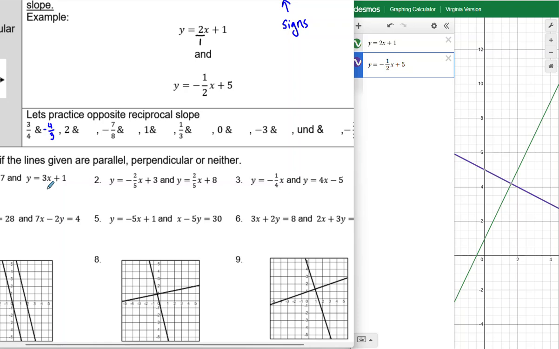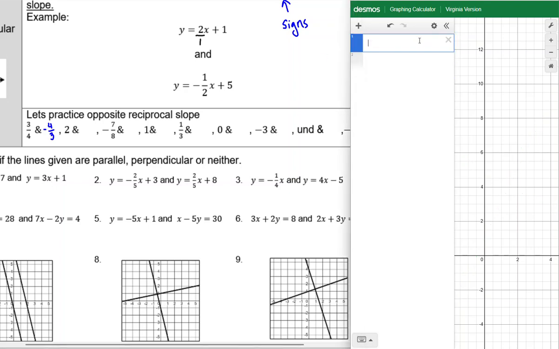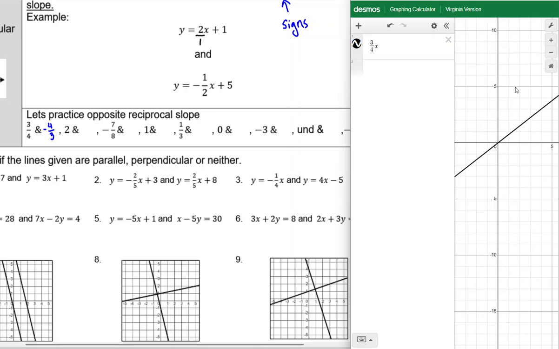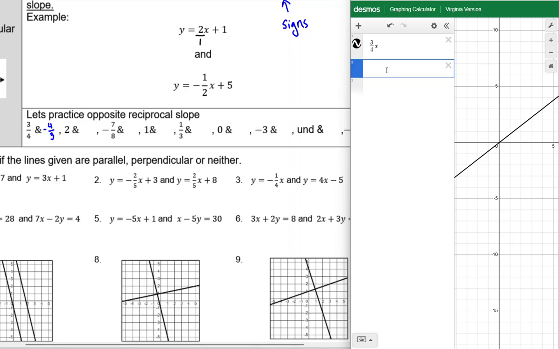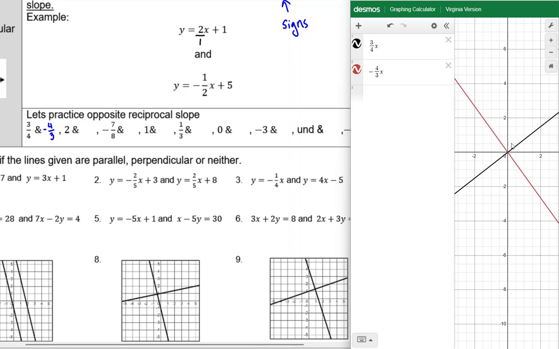There you go. I'm not going to do this for all of them, but to see a slope in Desmos, just put an x next to it so that you can see the shape of the line right there. And then let's see if this looks perpendicular. So negative 4 over 3. And then if you just put an x next to it so you can see the line. See how it is perpendicular. It's at 90 degrees right there. Okay.